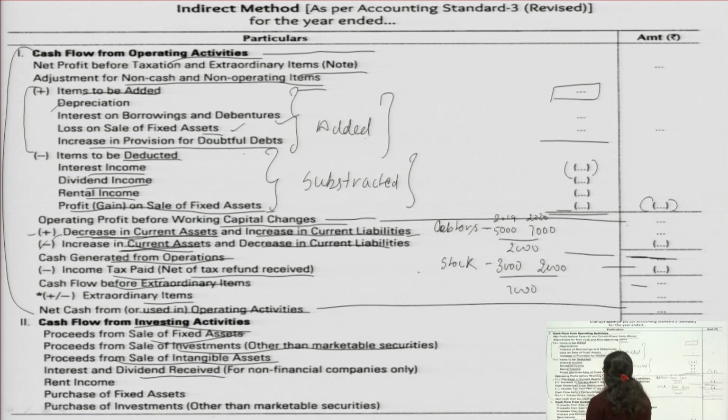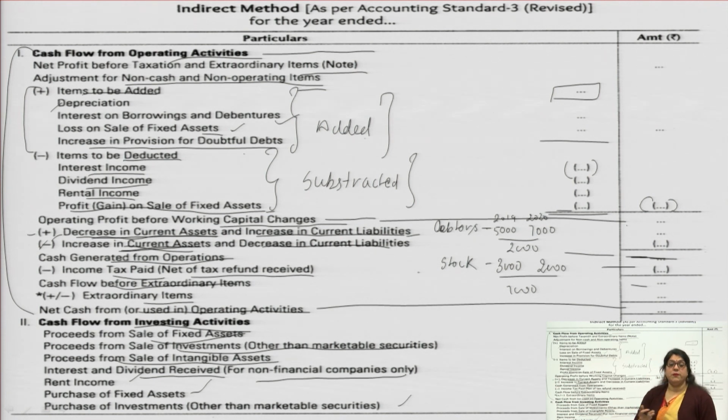Interest and dividend received, non-financial companies only, rent income, purchase of assets, purchase of investments. See, the things by which money is coming in, that is inflow. So by the sale of these you will be getting a positive amount, inflow.